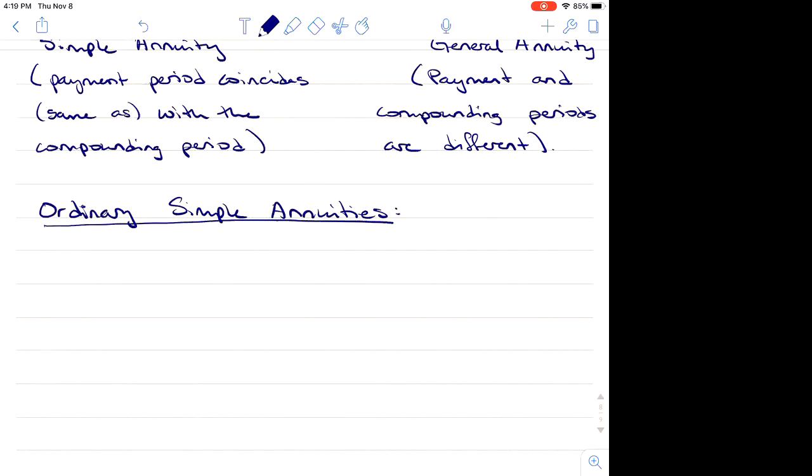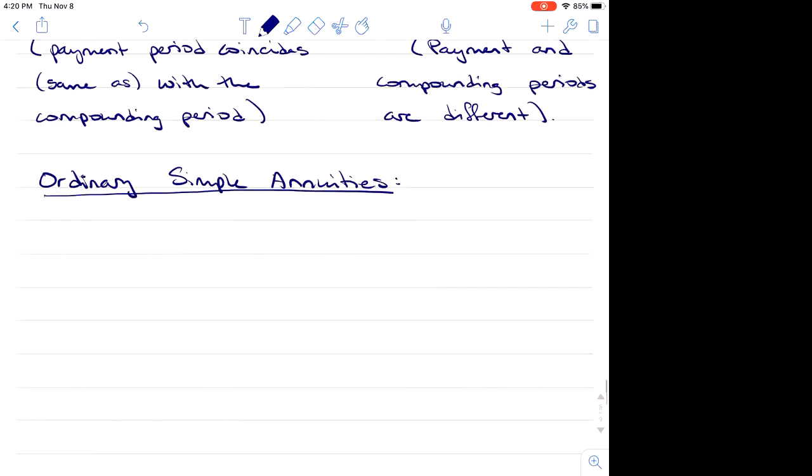So if we have n payments, then we can just find the future value. I'm just going to outline the future value and the present value because there's really nothing to talk about, we just do it.